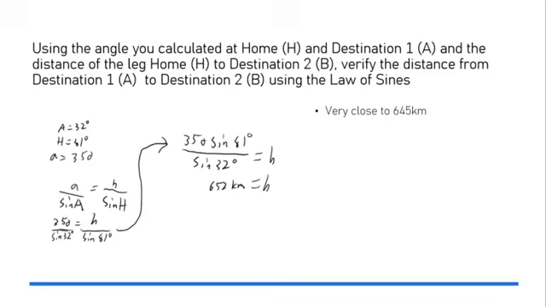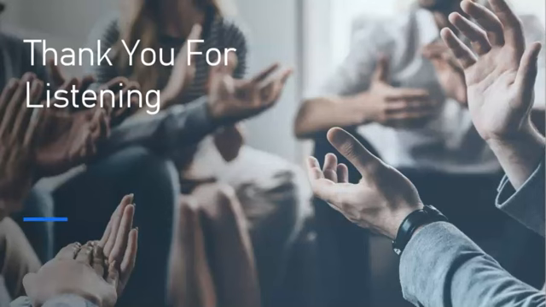Plugging in the numbers I already had, I moved angle H over, isolating side length H. I solved the equation, which equaled around 652 kilometers, which is accurate and really close to 645 kilometers. The numbers are a little bit different because of the rounding of those degrees. Thank you for listening.